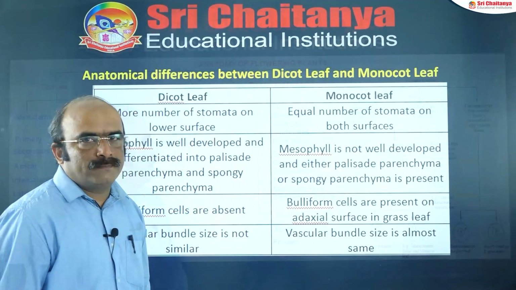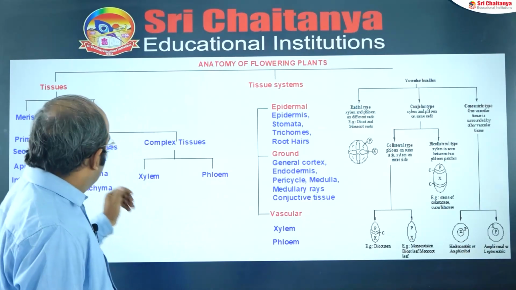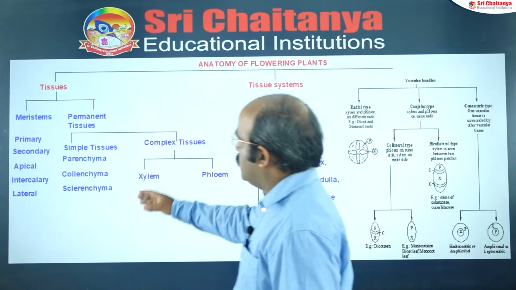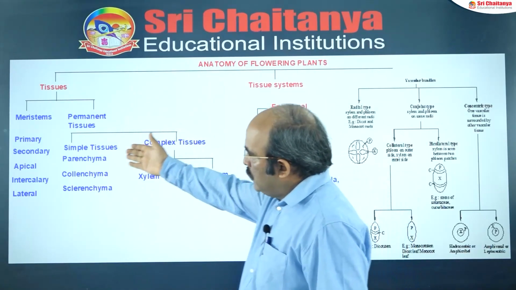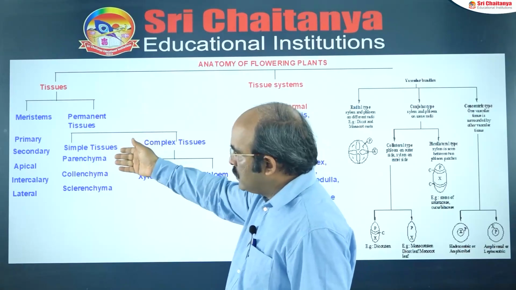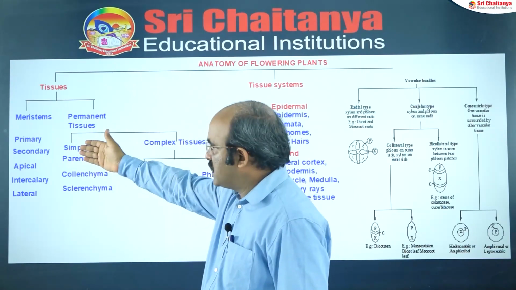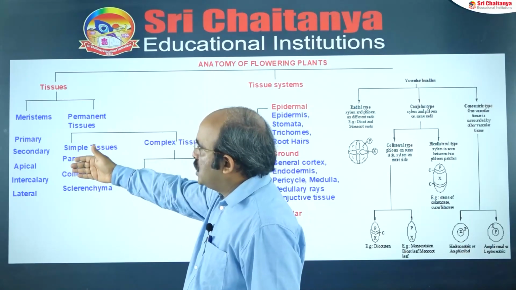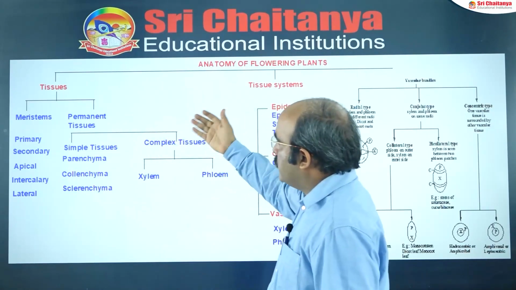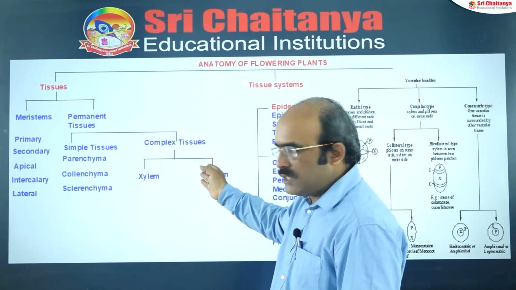That's the point. Now this is the flowchart on the chapter Anatomy of Flowering Plants, which gives you the information regarding different things, that is actually mainly tissues. You could see the tissues are mainly divided into meristems and permanent tissues. Meristems could be primary meristems, secondary meristems based on their origin. Based on their positions, they can be apical, intercalary and lateral. Whereas permanent tissues could be divided into two types, simple tissues and complex tissues.